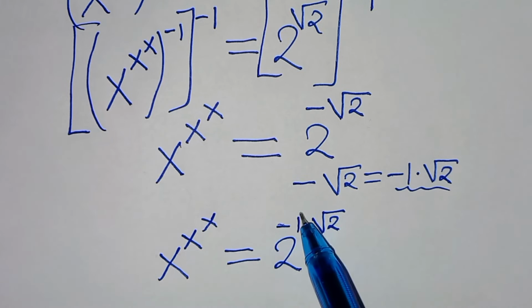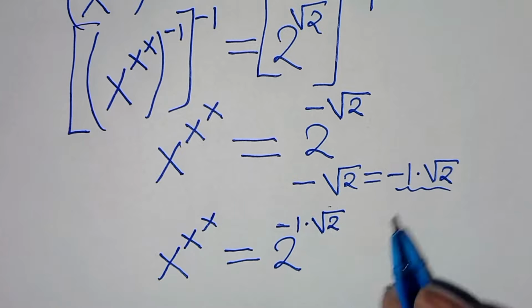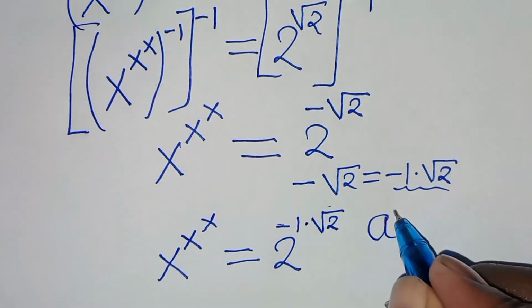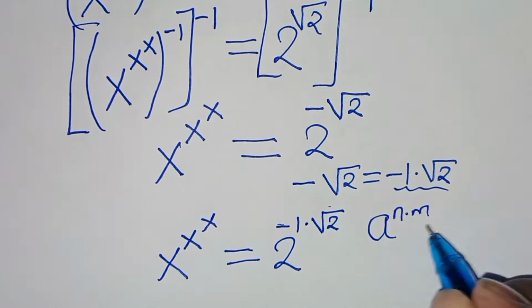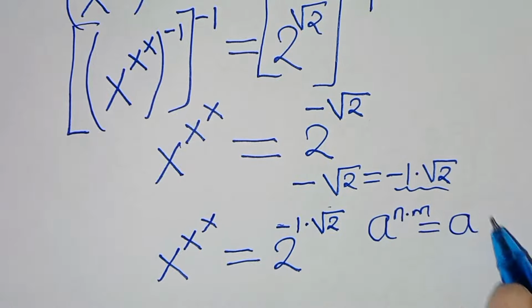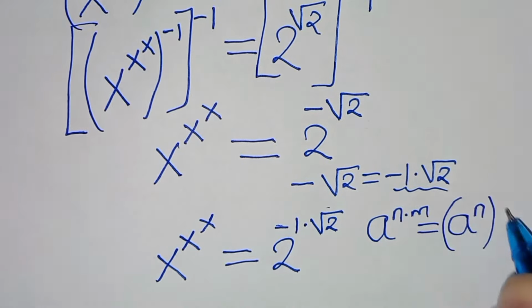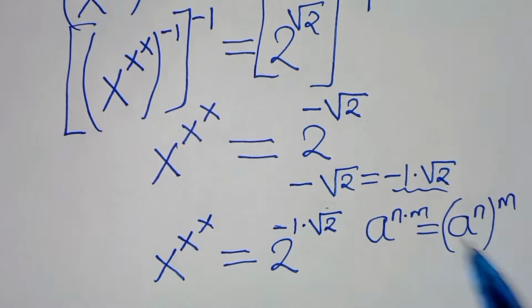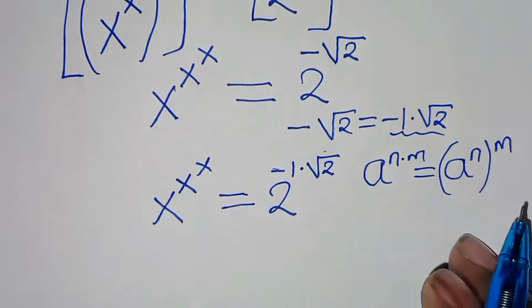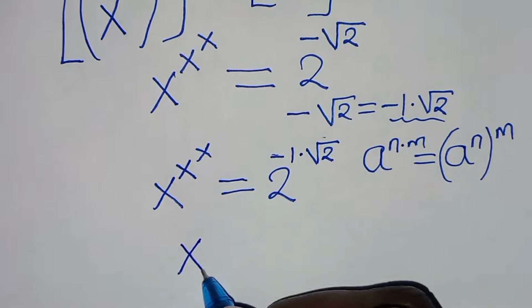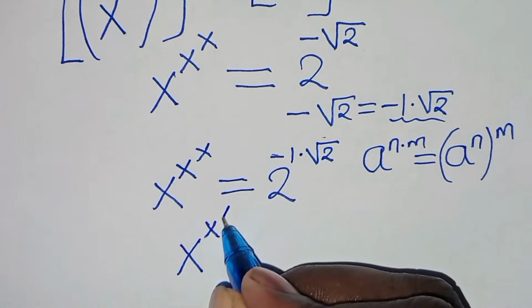Now, 2 raised to power minus 1 times square root of 2 is in the form of a raised to power n times m, which you can express as a raised to power n raised to power m. Let's apply this exponent property.